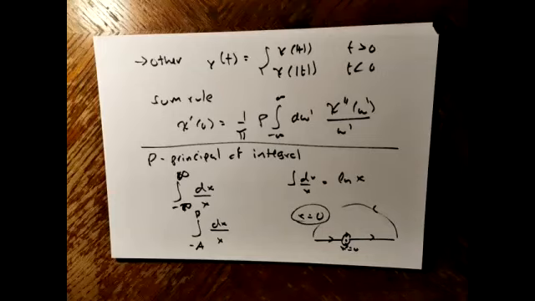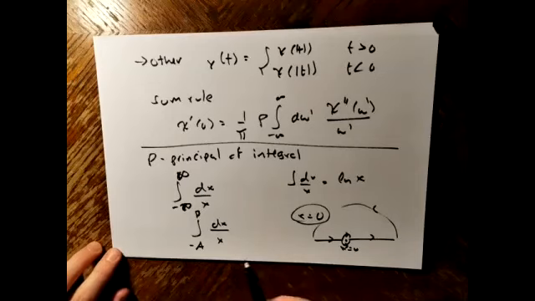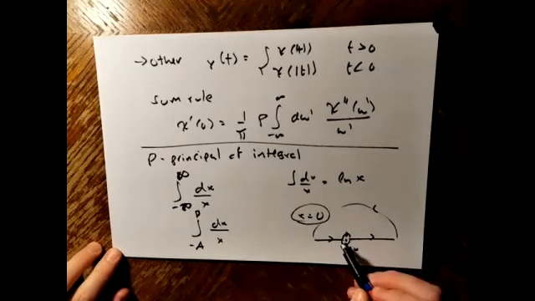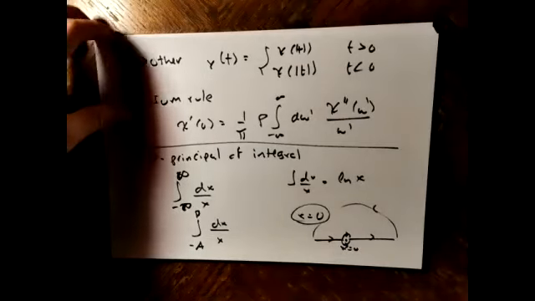But what I want to actually discuss is what we mean by principal part. Principal part just refers to this integral without the singularity, and like we said, it's conditionally convergent. The story is basically this.